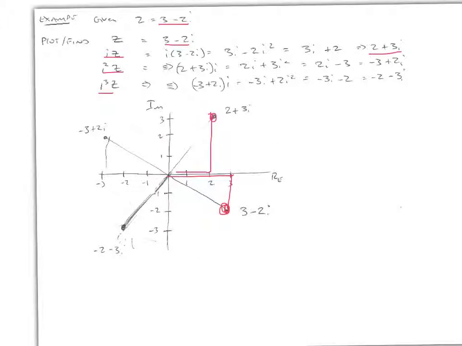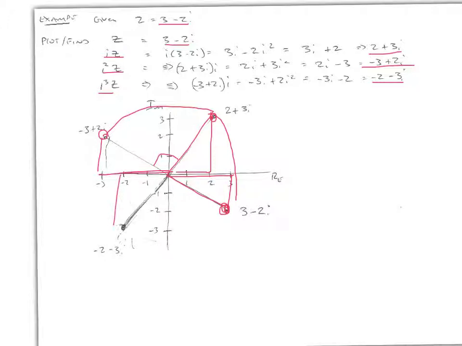And you can see that as a rotation, it's rotated through 90 degrees. i squared by z gives us minus 3 plus 2i. And that's a further rotation. And then i cubed by z gives us minus 2 minus 3i.